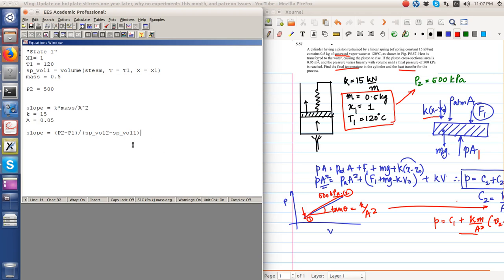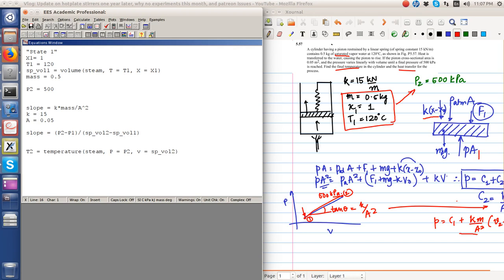So once we have the specific volume at 2, we can find out all the other properties by using the fact that the pressure is also known. So the temperature at point 2 is the temperature of steam at P equal to P2 and volume is equal to specific volume 2.